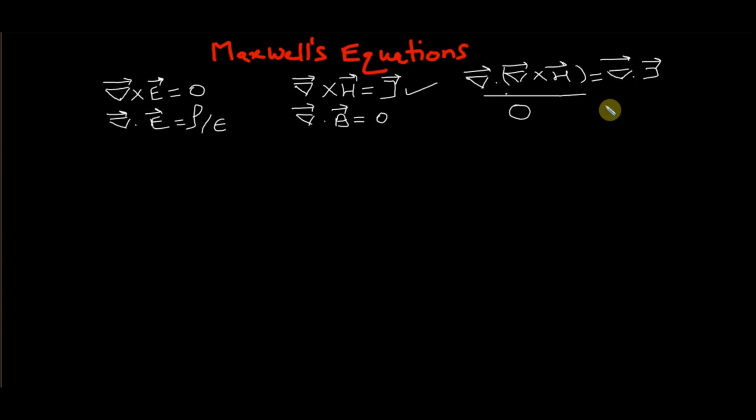So if this is equal to 0, then it implies that del dot J should be equal to 0.